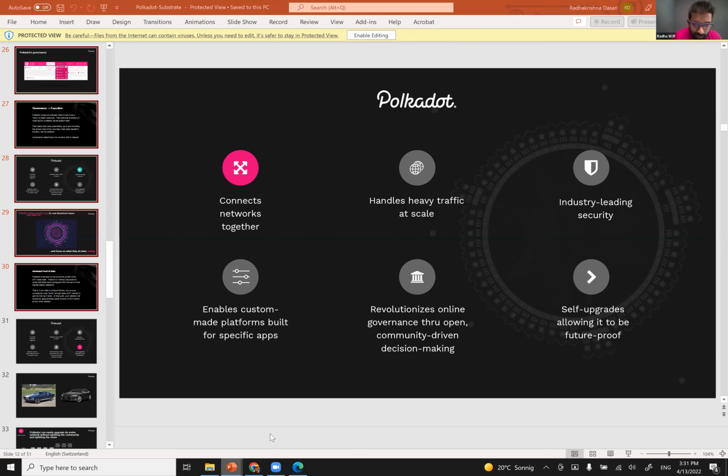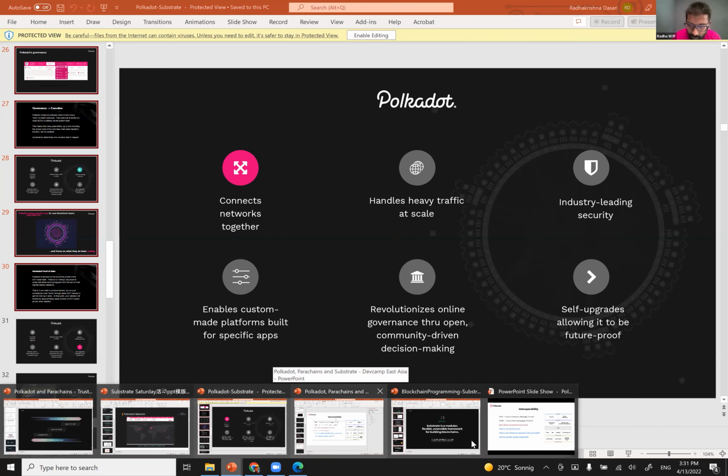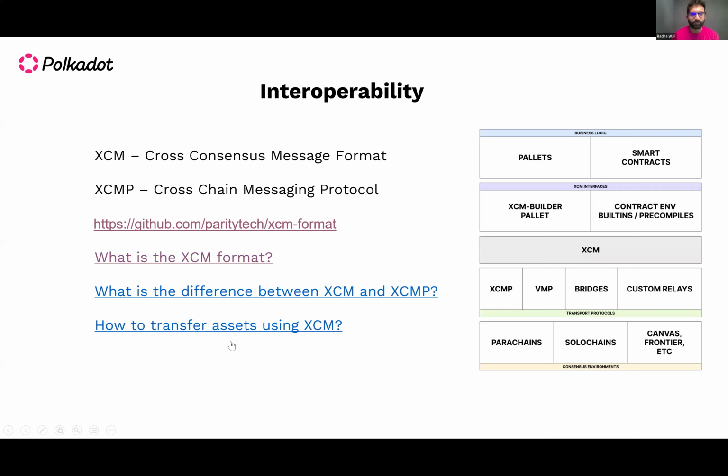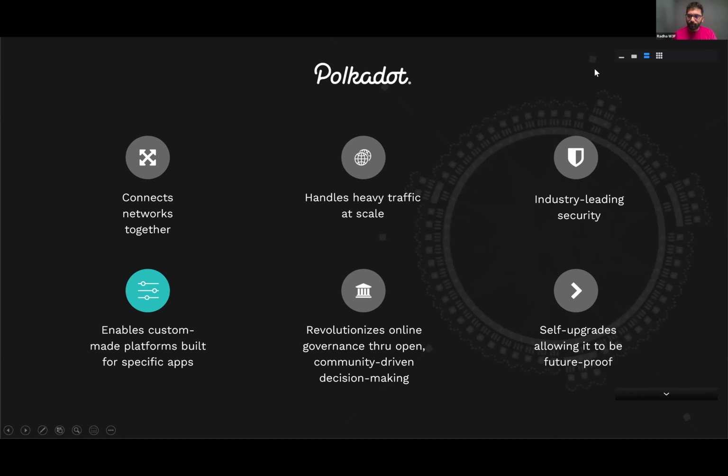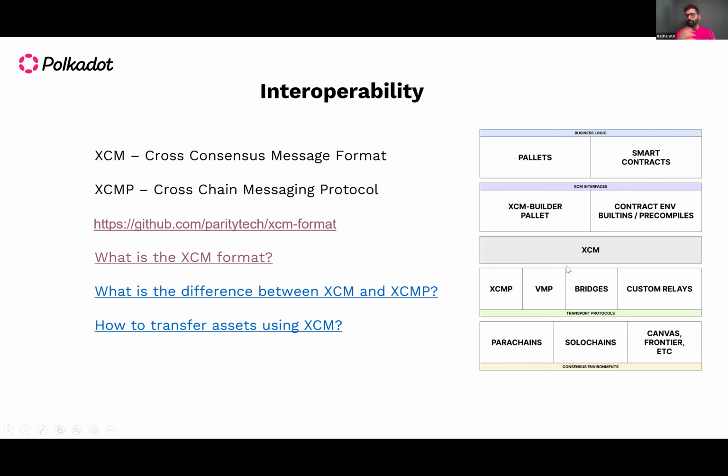All right, so let's do, where are we? Okay. Yeah, so things to remember. XCM is about the cross consensus message format. It's establishing, okay, what does a balance transfer entail, right?